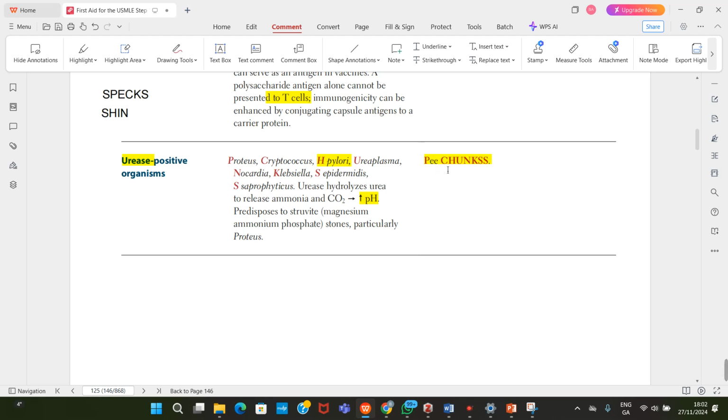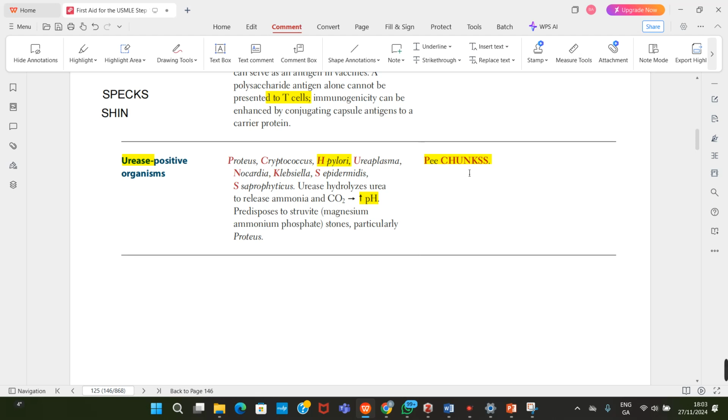The C is for Cryptococcus. So what's the stain for Cryptococcus? Anybody remember? Indian ink stain, or the mucicarmine stain. Then the H is for H. pylori. The U is for Ureaplasma. What is peculiar to Ureaplasma? It lacks a cell wall. The N is for Nocardia. What is peculiar to Nocardia?